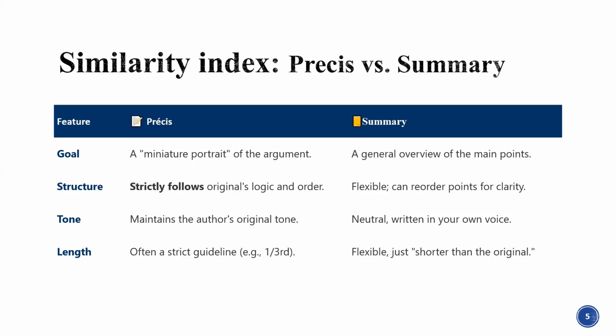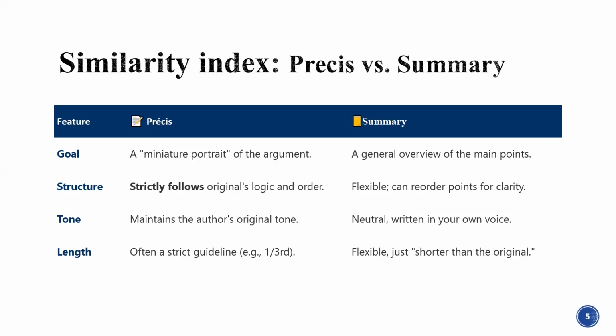And the length. Sometimes the teachers, or whoever will guide you or instruct you to design a Precis, might give you a strict limit on the size of a Precis, and that could be one third.